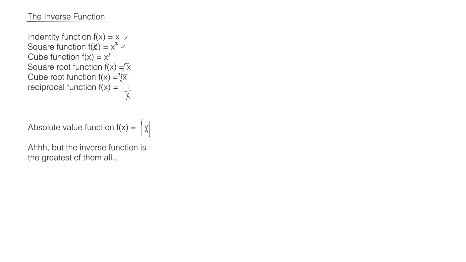Okay, and the inverse, f of x equals 2x plus 6. I substitute y for f of x. Then I switch my x and y's. So I have x equals 2y plus 6. Take my 6 to the other side. x minus 6 equals 2y.